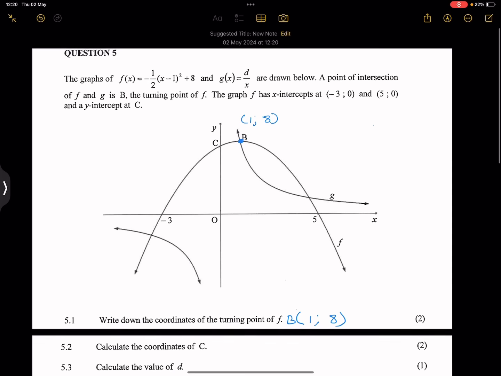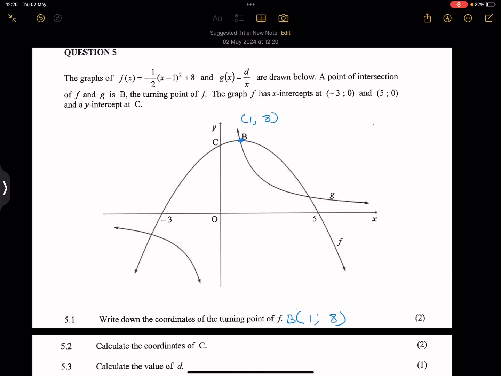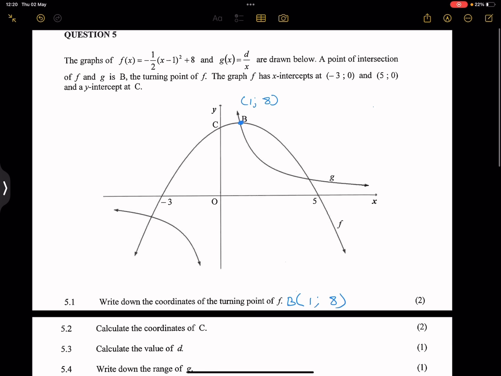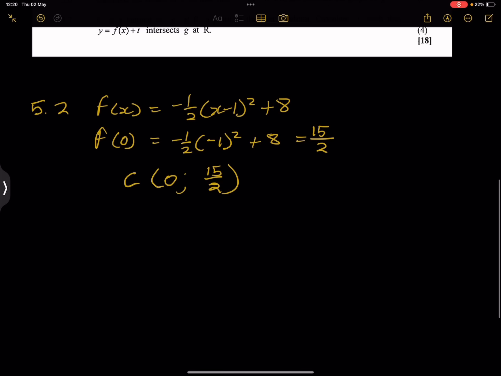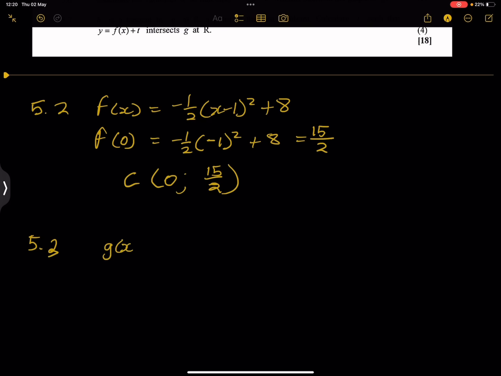Next question, they say calculate the value of d. Right, note that d is, in this case, the constant in that hyperbola. Okay, so g of x, we know that it intersects, or rather that's 5.3. So g of x is d over x. But we already know that when x is 1, y is 8, right?